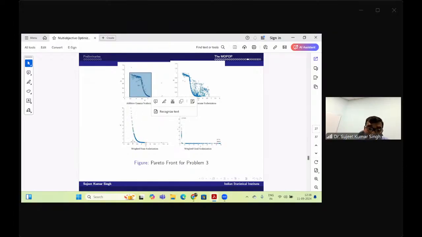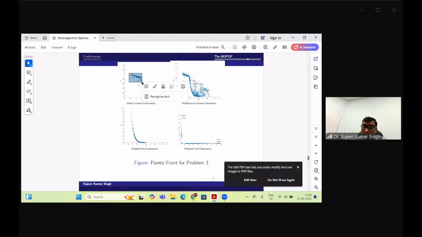So the meaning is that the weighted sum only gives the Pareto points which are lying on the convex part of the Pareto region. That means this region is only produced by the weighted sum method. But the Pareto points lying on the non-convex part, that means this region, are not achievable using the weighted sum methods.